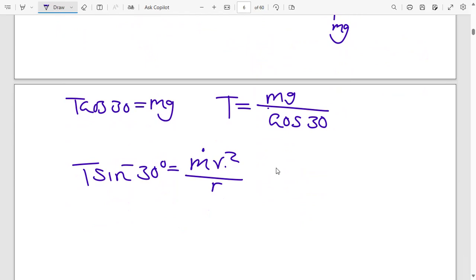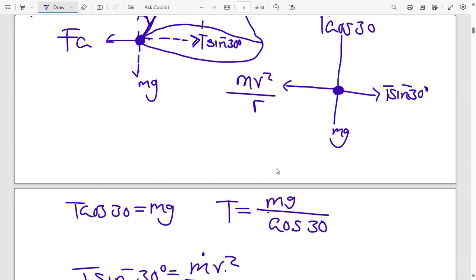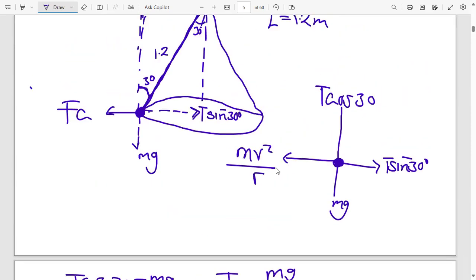So where are we going to get the radius of this circle? Here I can say it's much easier to get the radius. Why? It's because they've already given us the length of the string there.